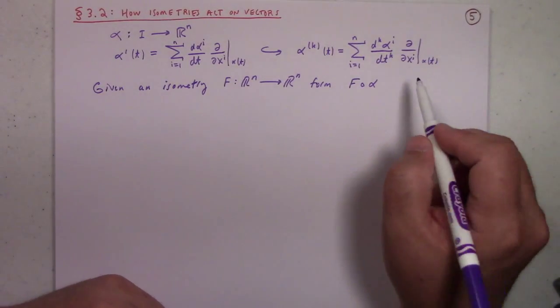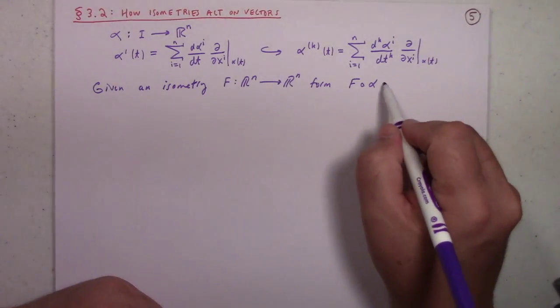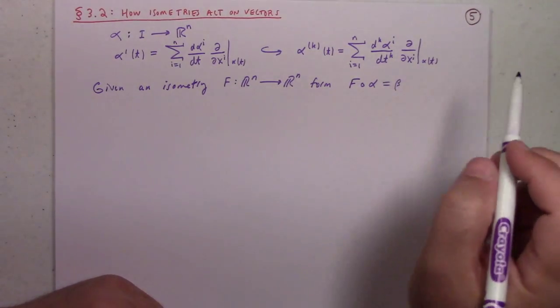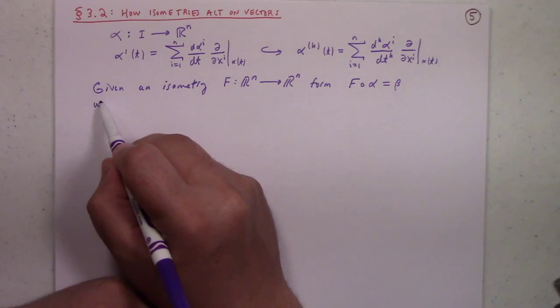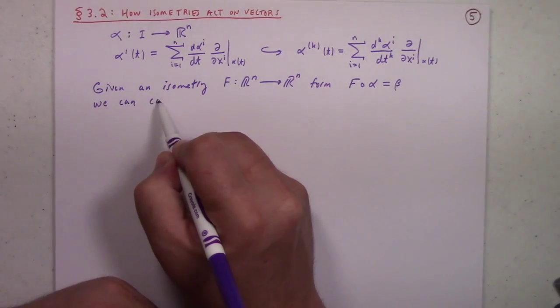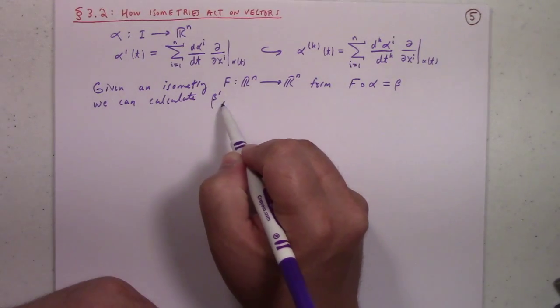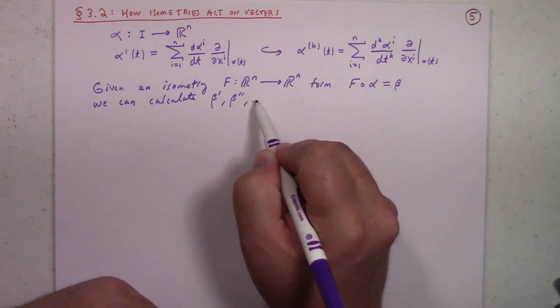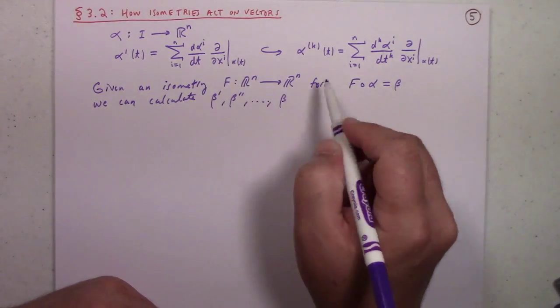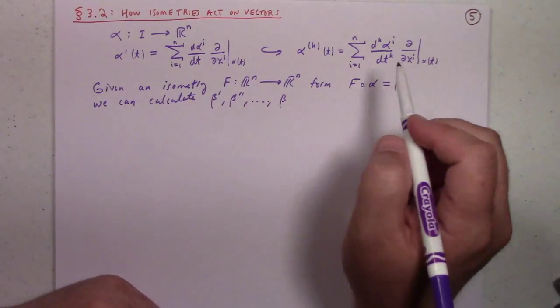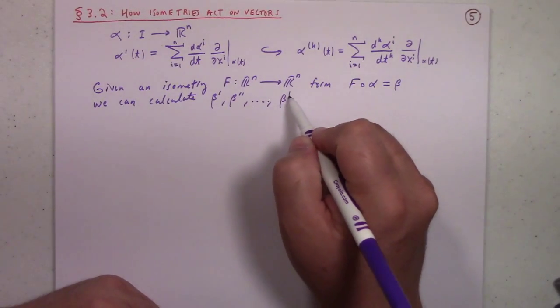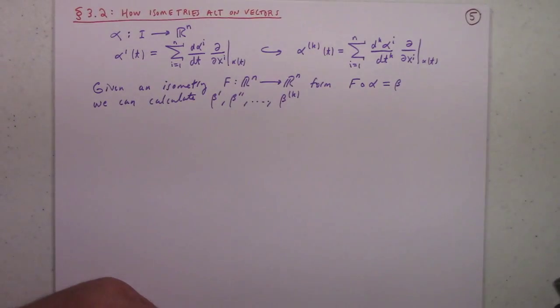If I call this beta, just to save some writing for a second, we can calculate beta prime and beta prime prime and so forth and so on. If it's smooth, we can do it forever and ever. So these are vector fields we can look at.